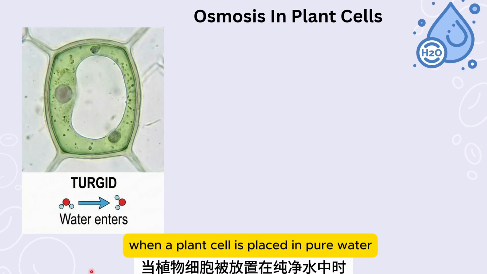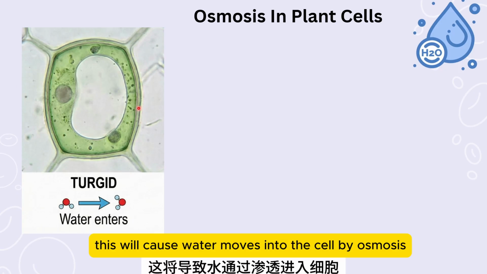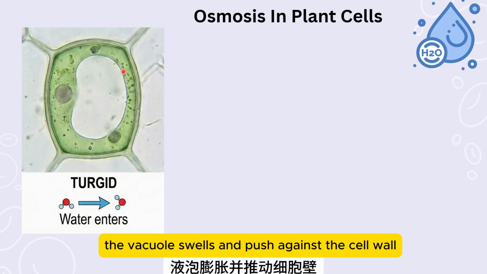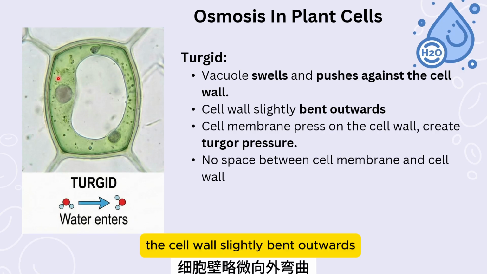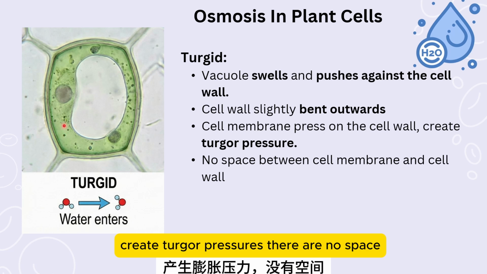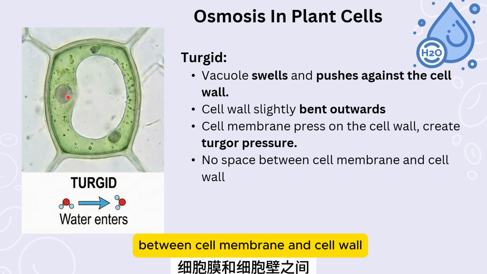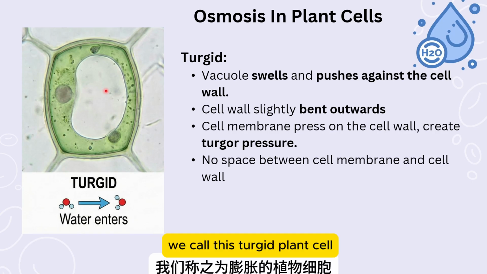When a plant cell is placed in pure water with high water potential, water moves into the cell by osmosis. The vacuole swells and pushes against the cell wall. The cell wall slightly bends outwards. The cell membrane pressing on the cell wall creates turgor pressure. There is no space between the cell membrane and cell wall. The cell becomes hard and firm. We call this a turgid plant cell.